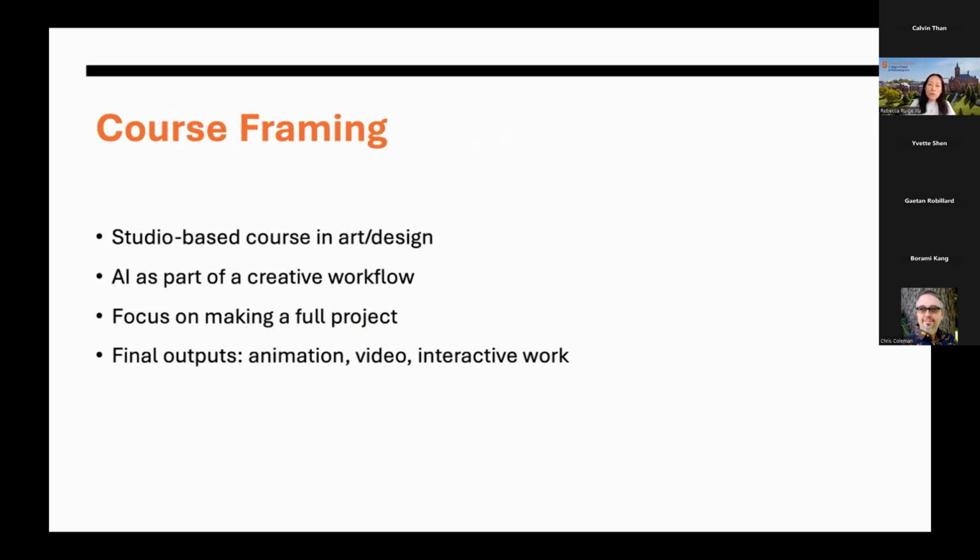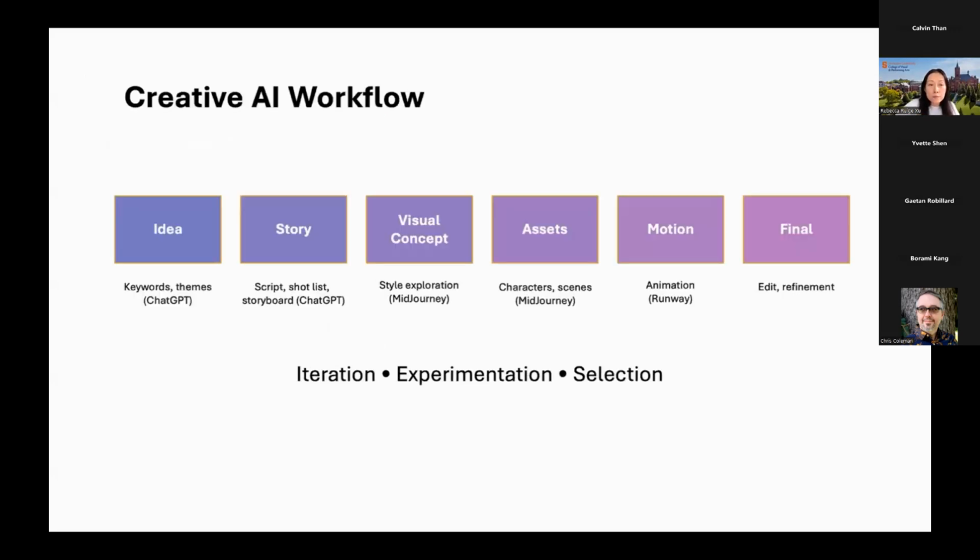So the course is a studio-based course in art and design, and the goal is to incorporate AI as part of a creative workflow. The focus is on making a full project, and the final outcome format is not limited. So animation, video, illustration, or website-type interactive work are allowed in the class.